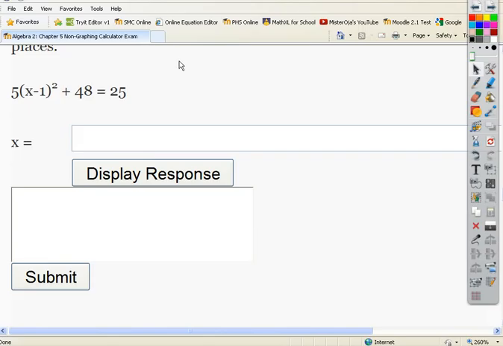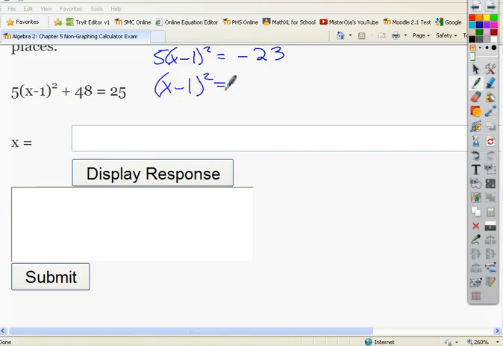Divide by 5. Okay, square root. Now here's where it gets a little funky. What am I going to get when I square root here? Plus or minus. I'm going to have a plus or minus.